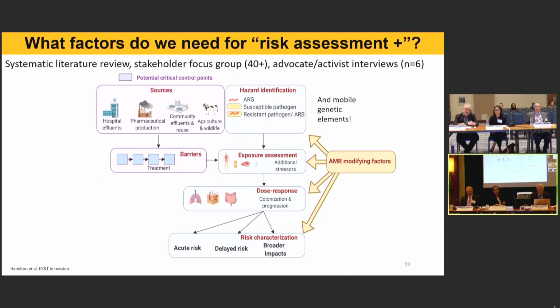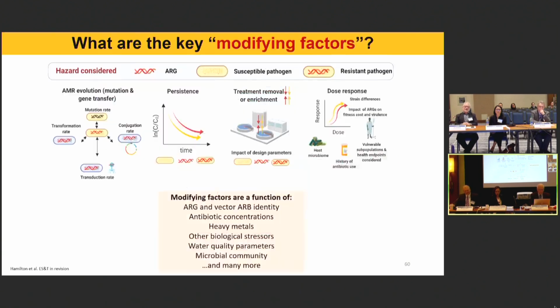We are modifying that in collaboration. This is work done in collaboration with Carrie Hamilton from Arizona State University to modify that approach to utilize it for AMR. AMR is much more complex because you have the movement of the genetic material. You have differences in dose response, differences in the genetic exchange, and even differences in the impact of a given infection. Next slide.